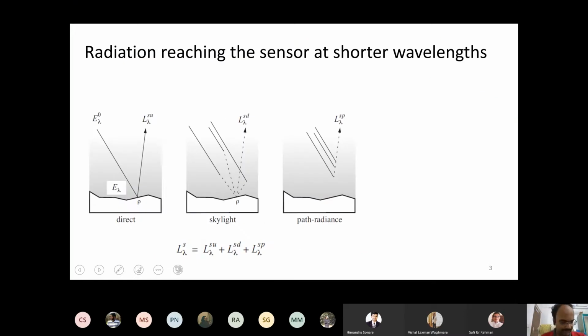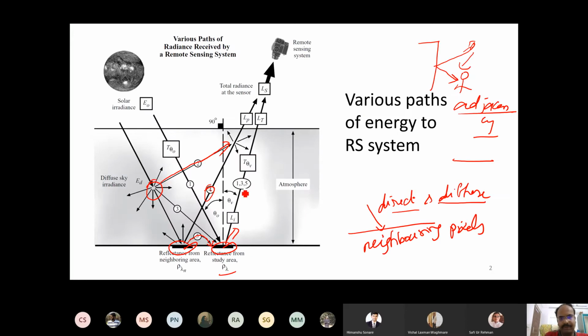I also told you that for most practical applications, we can neglect the energy from the neighboring pixels, that is path 4 and path 5. Especially path 5 we can easily neglect because it will be a very small quantity, since multiple reflections are involved and it reduces a lot.